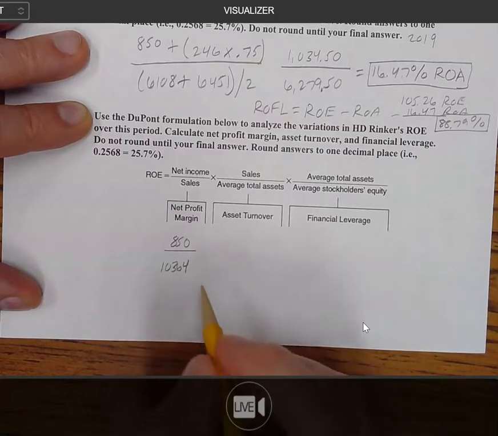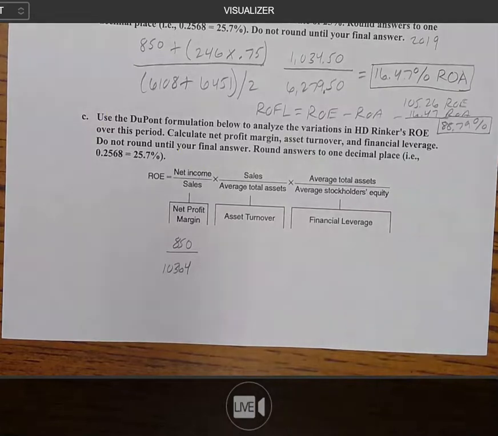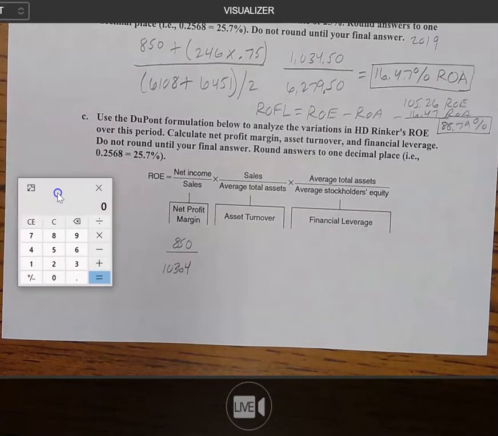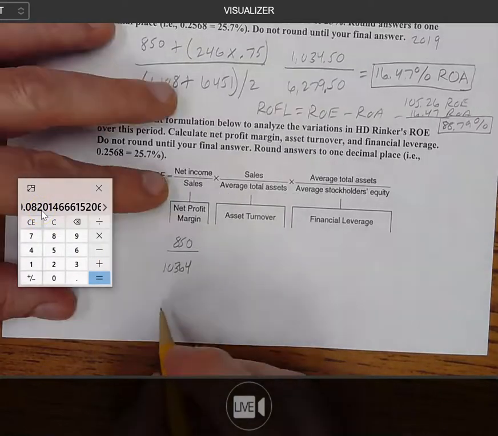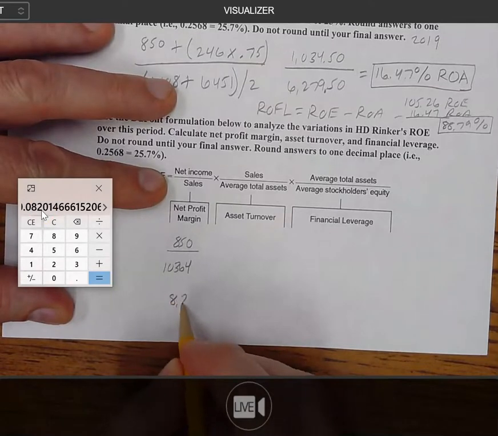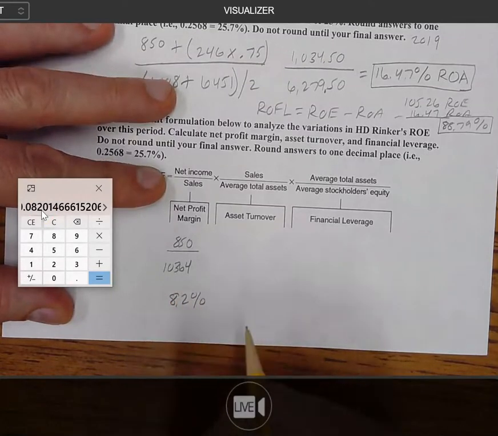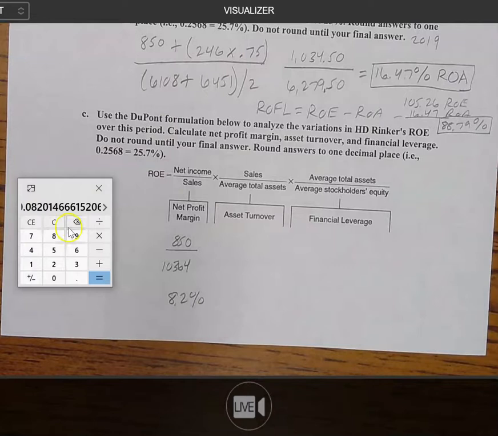Revenues were $10,364. So let's take $850 and divide by $10,364. And we come up with 8.2%.